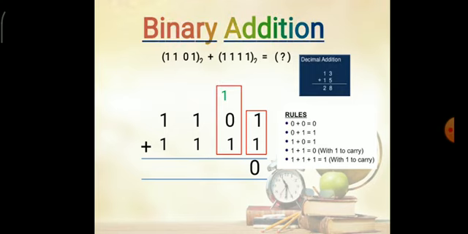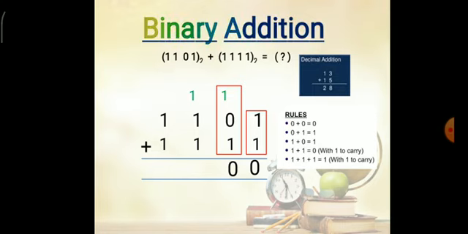In this column, we have 1, 0 and 1. 1 plus 0, according to the rules, is equal to 1, and again 1 plus 1 will be equal to 10. So again we have got 10, so we will write 0 and carry 1. Shift to the next column now.